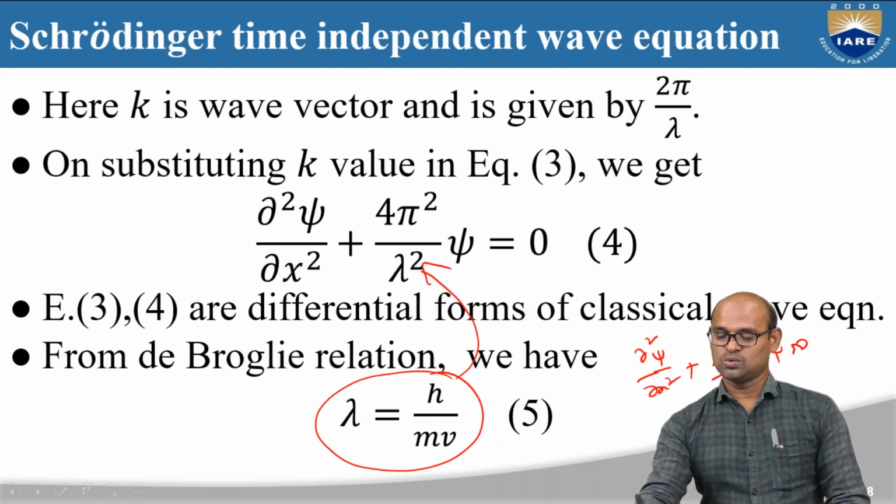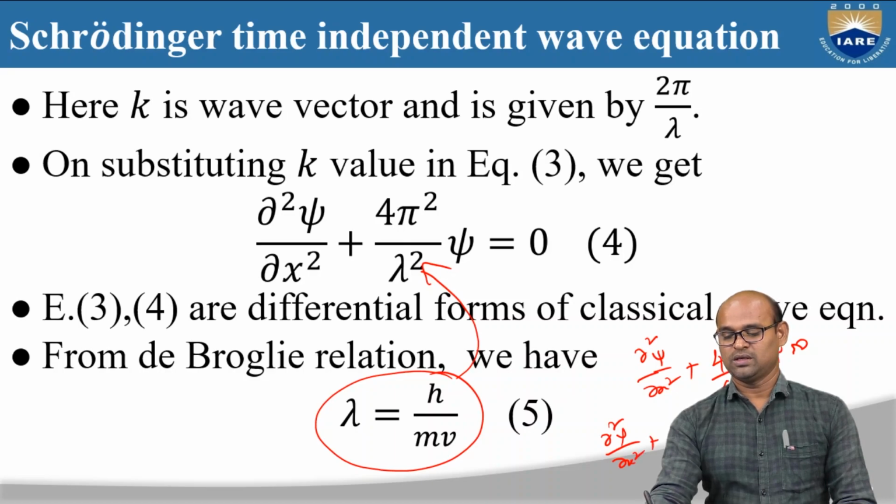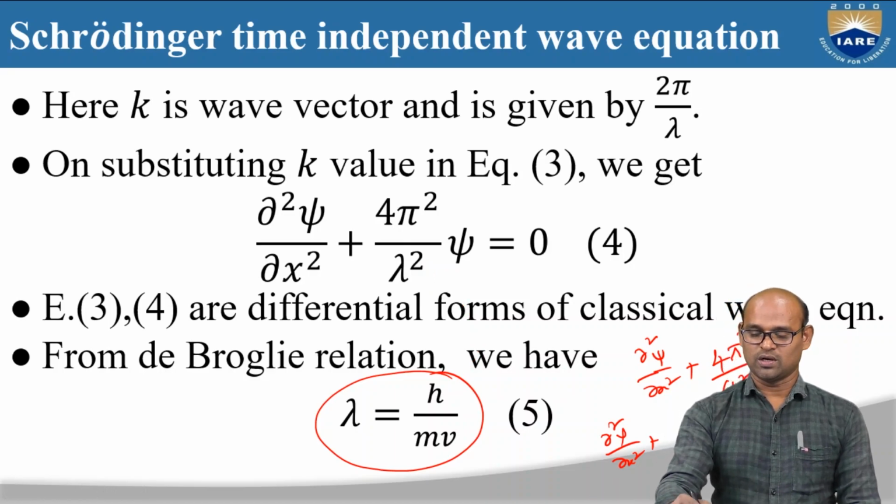So that will be dou square psi by dou x square plus 4 pi square m square v square by h square times psi is equal to 0. So this is what we got.